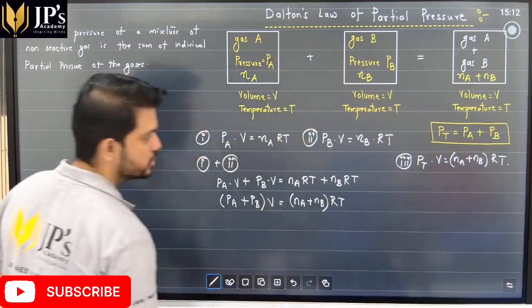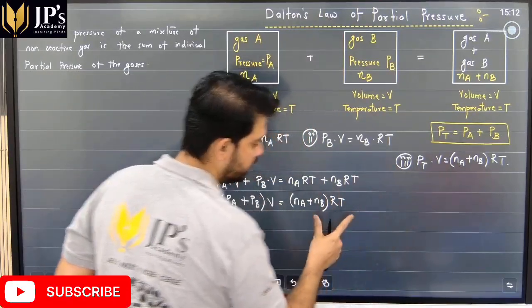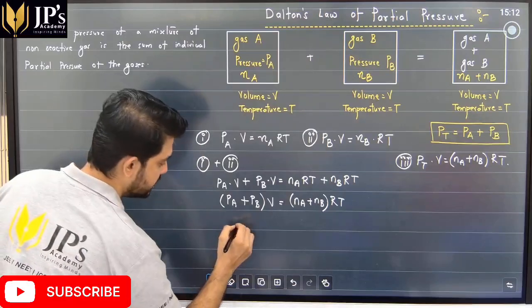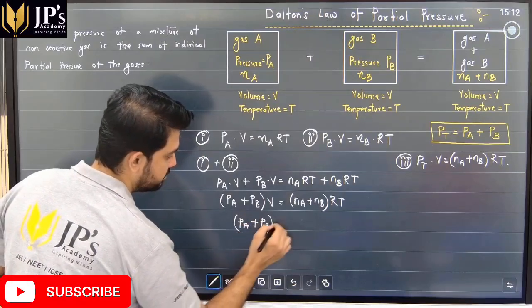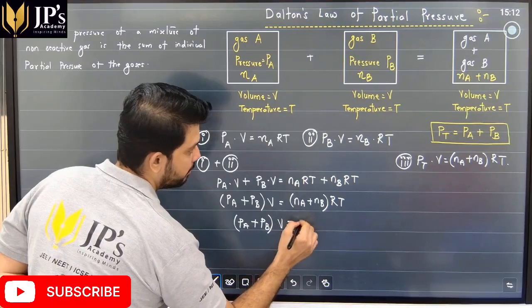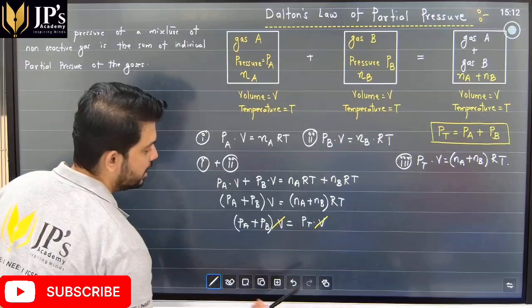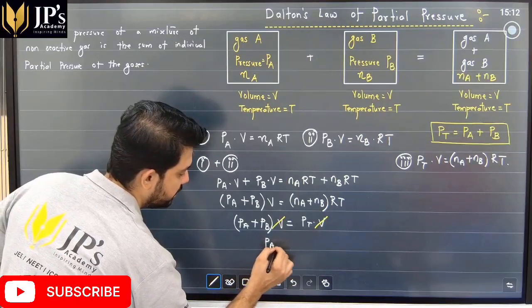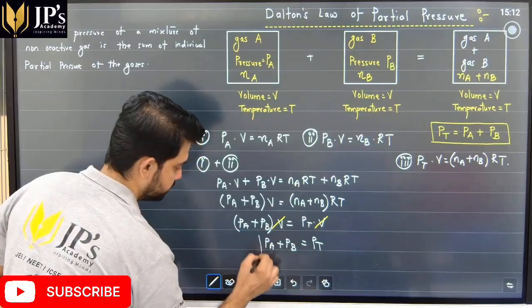When I look at equation number 3, I observe that the RHS are equal, so (PA plus PB) V is equal to Pt V. And since the volumes of the containers are equal, we get the expression PA plus PB is equal to Pt.